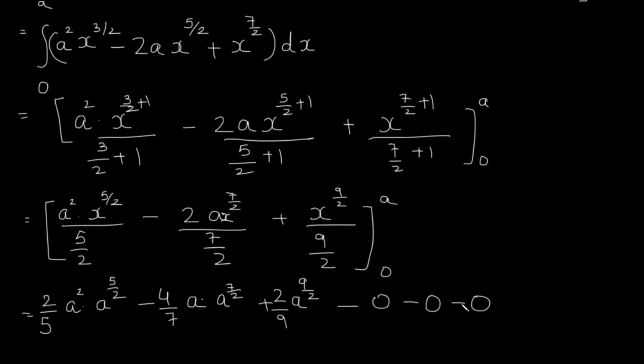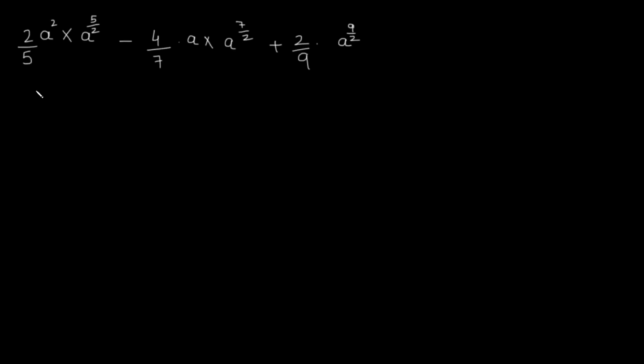There are three terms. No need to write them down. Just to show you, I am just writing it down over here. Okay. So now I have written these terms once again over here on this page. Okay. So now we are going to get 2 upon 5. Now a square into a raised to 5 by 2 as usual, a raised to 2 plus 5 by 2, we are going to get a raised to 9 by 2.